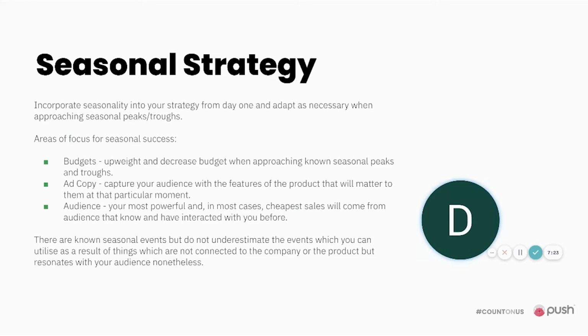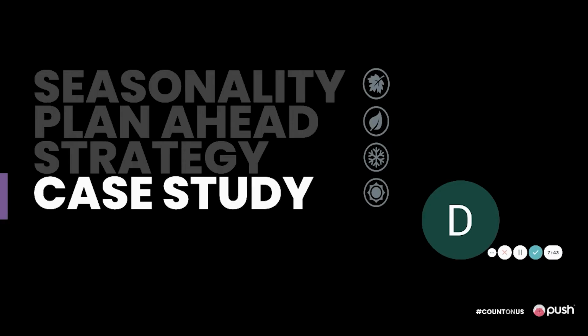And this has worked very, very well time and time again. But again, understand that there are known seasonal events such as Black Friday, but there are also these one-off events through the year that you can also use to resonate with your audience further.